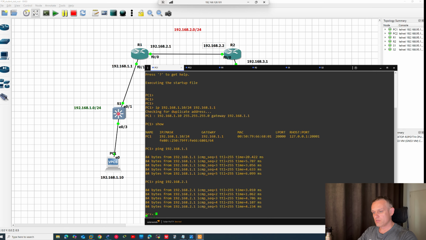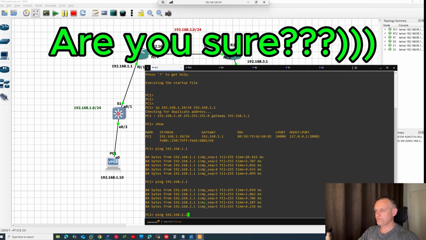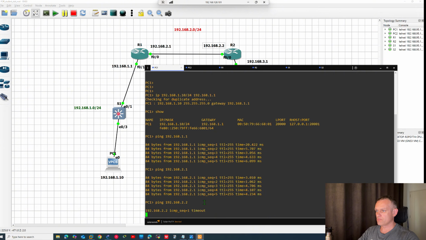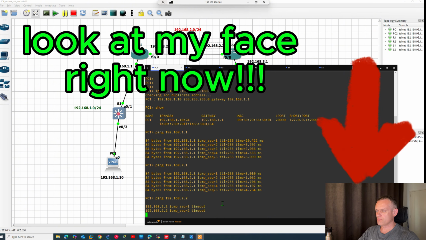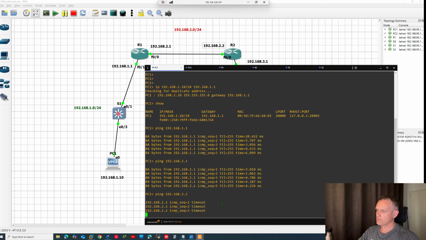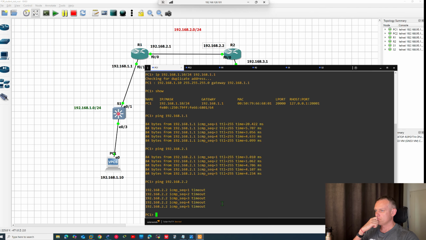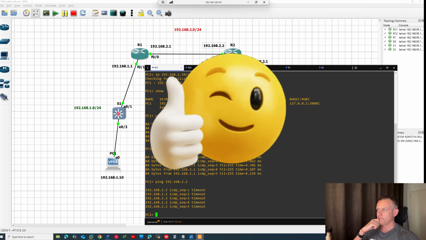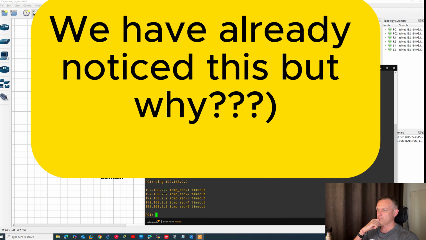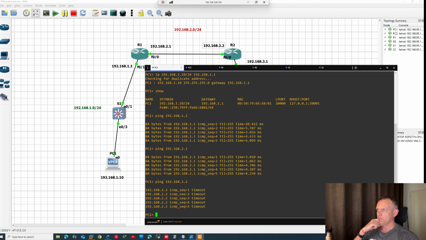Then next, 2.2 is this interface from another router, but from this network. Again, I can't ping this. But from router to router we can ping this router.